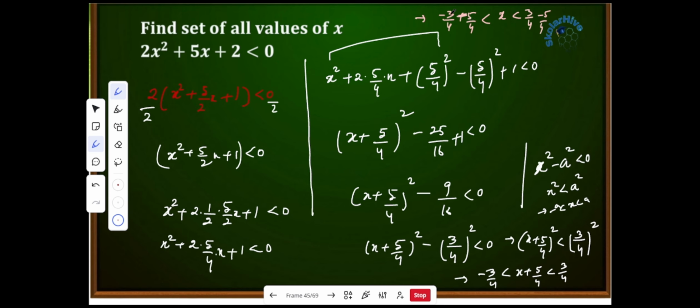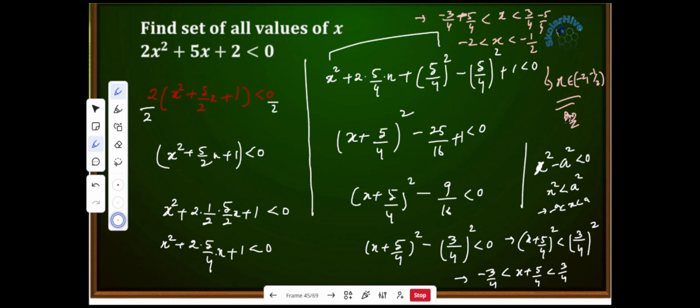When you simplify this, minus 3 minus 5 is minus 8 by 4, which is minus 2, and 3 minus 5 is minus 2 by 4, which is minus 1 by 2. So the value of x is from minus 2 to minus 1 by 2, open interval at each end. This is our solution for this particular question.